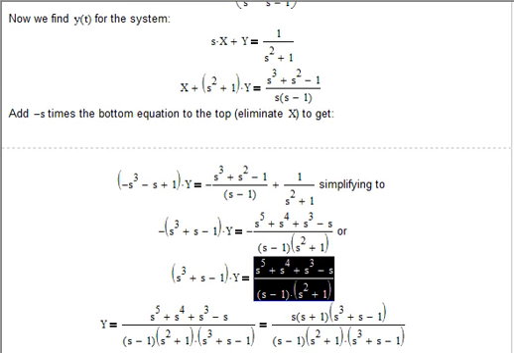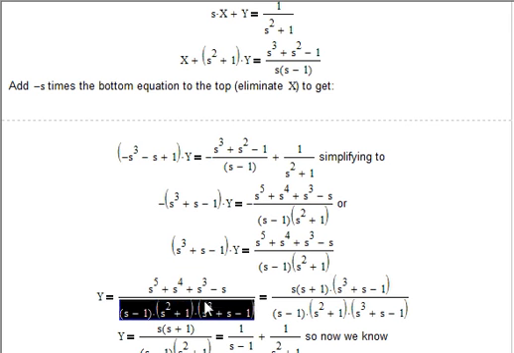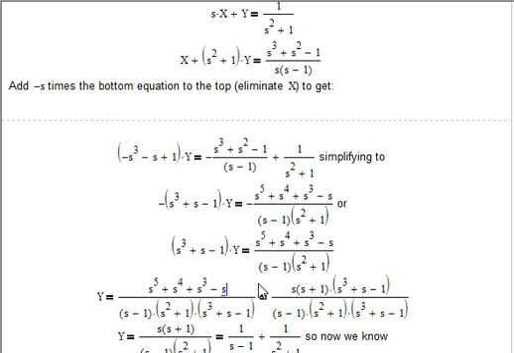But then we need to divide by the s cubed plus s minus 1, and now we have a sincere partial fractions problem. However, if you factor out the s from this, you might be able to discern that it's s times s plus 1 times s cubed plus s minus 1.